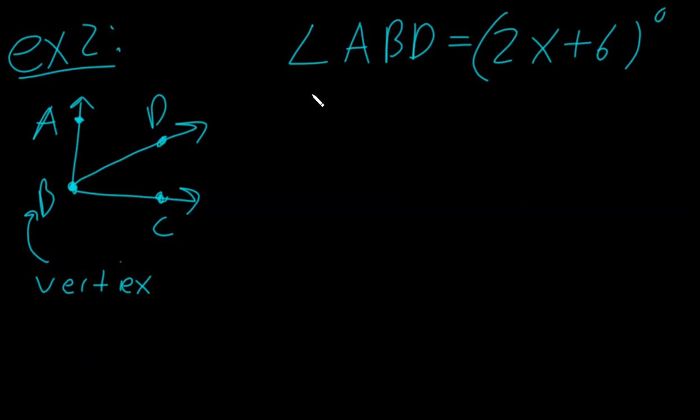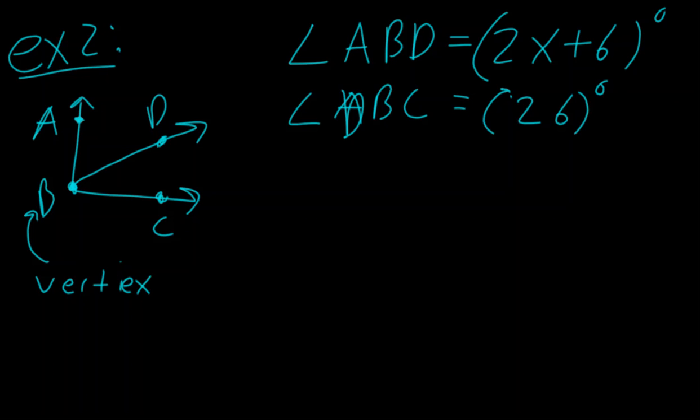And then let's say that angle ABC is equal to, well, actually, you know what? We know what angle ABC is equal to because it's 90. So let me just change this. Let's call this DBC. There we go. Angle DBC is going to equal, say, 26 degrees.